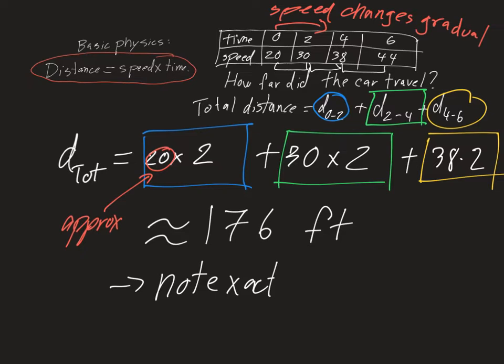So again, at the end of the day, this is not a perfect estimation of the distance that has been traveled by this car, but it is a pretty good one. And not only is this a pretty good estimation, but this is actually going to be the foundation for our idea of how to calculate integrals more generally.